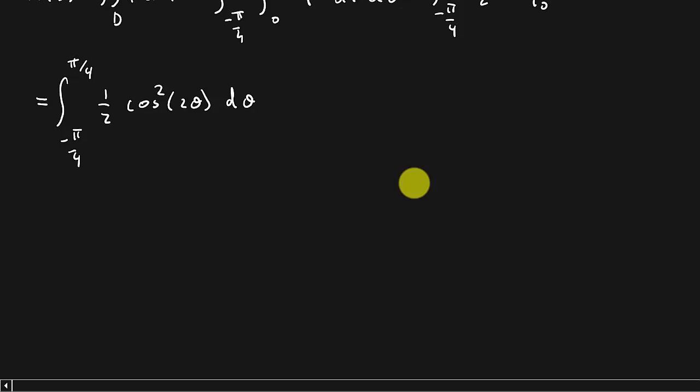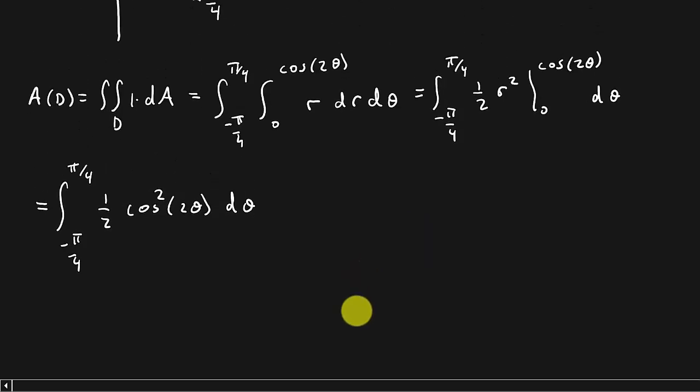So now we need to work this out, don't we? I'll plug the cosine 2 theta in for r. I've got the 1/2, but what I want to do is bring that 1/2 out. Just pull that 1/2 out. And so that's going to leave us with 1/2 integral from negative pi over 4 to pi over 4.